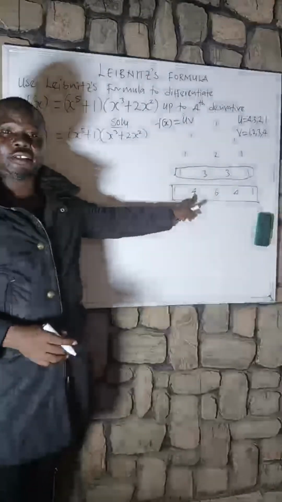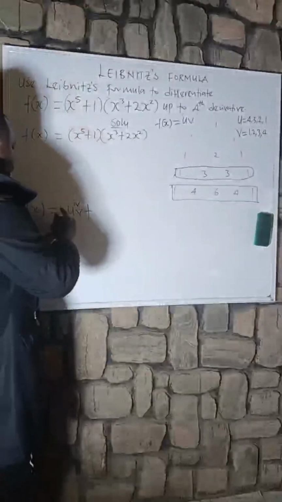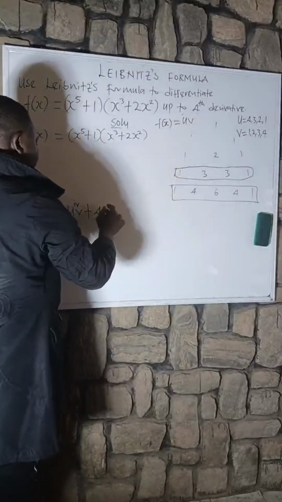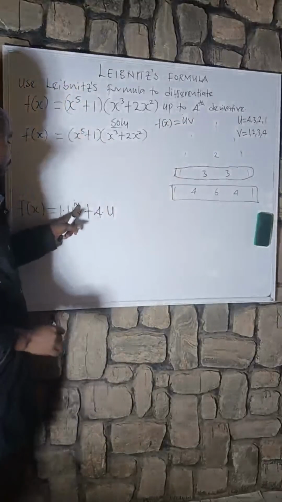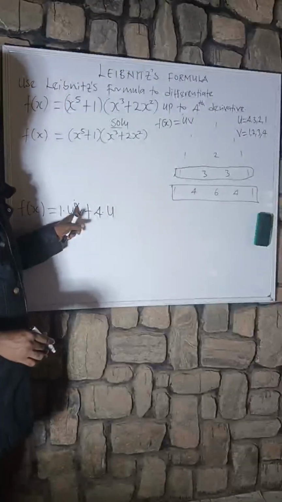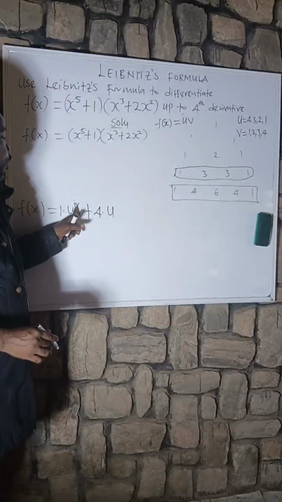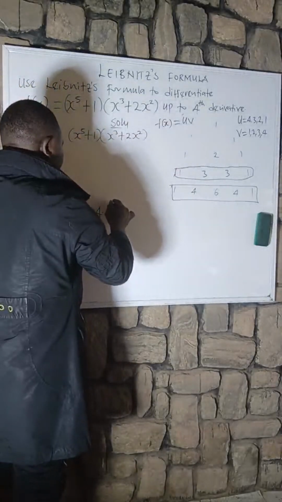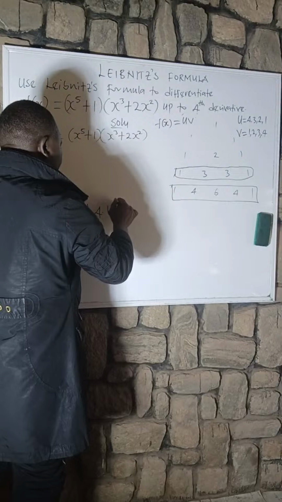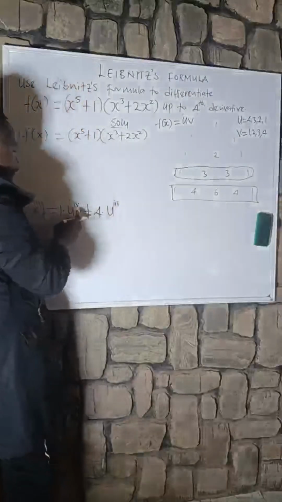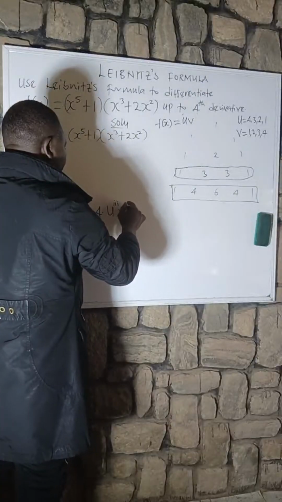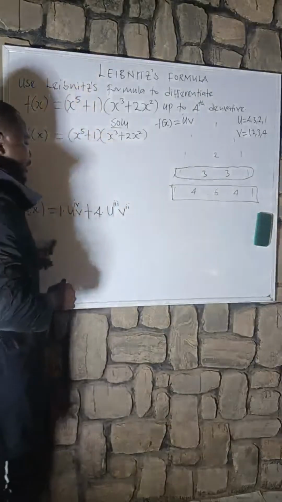Then after 1 is 4. Plus 4 times u times v. So the power of u will now decrease to 3. Times v will now increase, v raised to the power of 2, right?